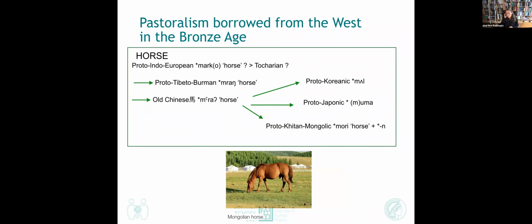And also terms relating to pastoralism, like the word here for horse, have traveled from west to east, like Proto-Indo-European marko for horse, related to our word for mare or Mähre in German, borrowed in Tibeto-Burman, Chinese, and from there individually in Koreanic, Japonic, and Mongolic.